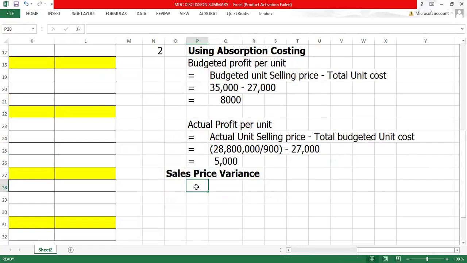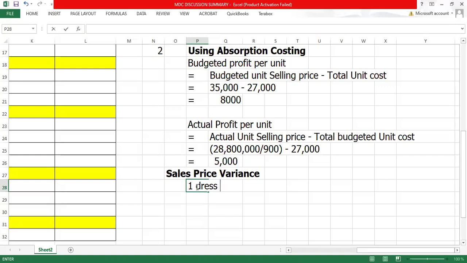Okay. As a company, you had budgeted to earn how much on one dress? If you sell one dress, you had budgeted to earn how much as profit?